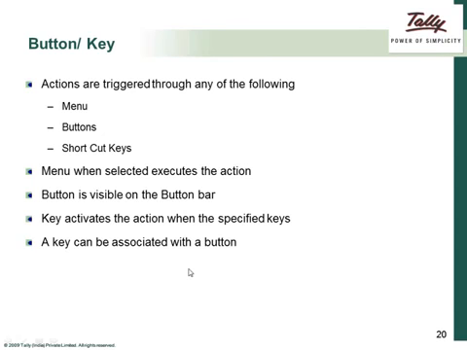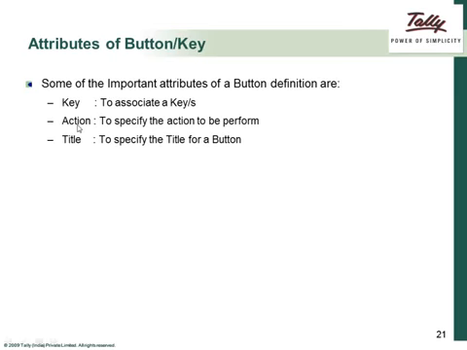Three basic attributes of a button: the shortcut key we require, the title of the button, what should be the button name that gets displayed there, and an action to perform. When I click on that button, what should happen?